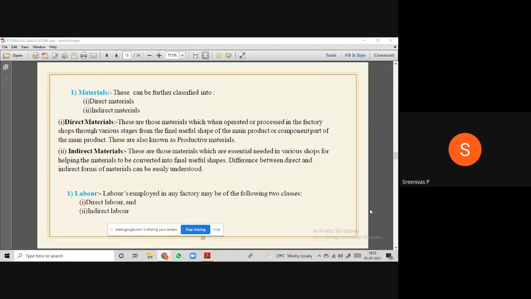A main component will have sub-assemblies. The material used for manufacturing is called direct material.